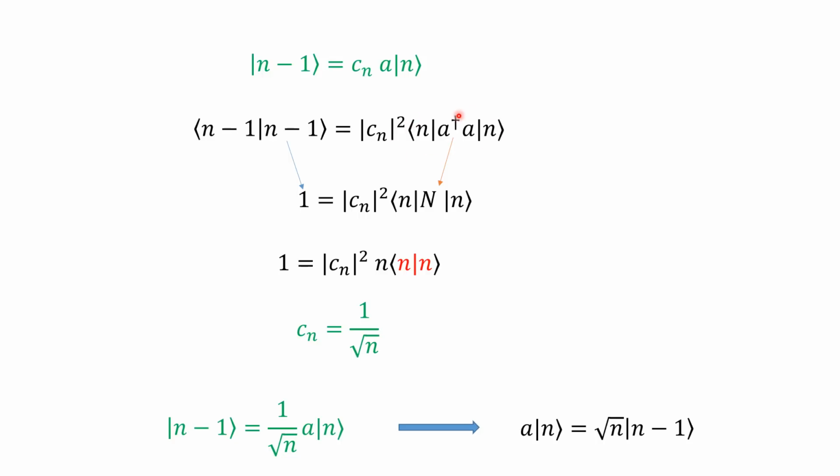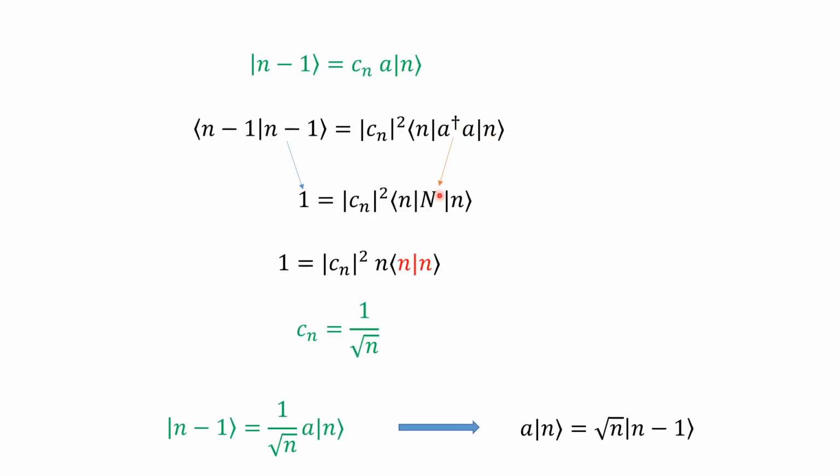Similarly, in the right hand side, when you take A into the bra vector, it will become A dagger. The bra vector is a complex vector. So A dagger will become A when acting on the bra vector. This will become n minus 1, and this is also n minus 1.